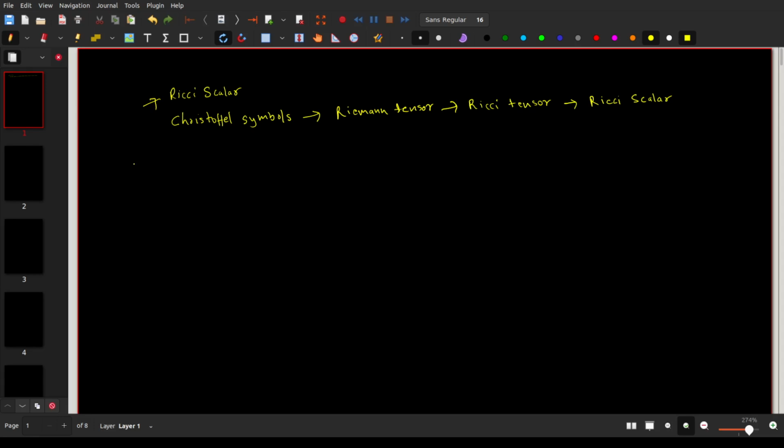If we are given a Riemannian manifold M, then to calculate its Ricci scalar at a point P, we can do the following.